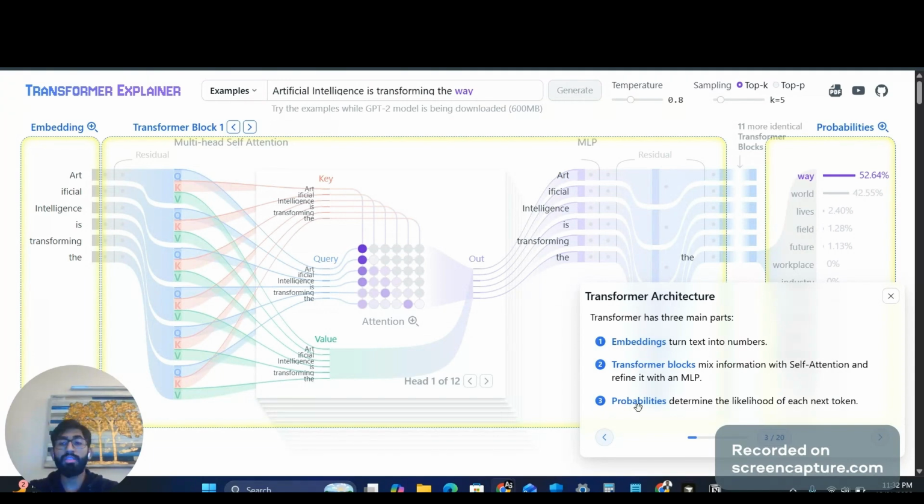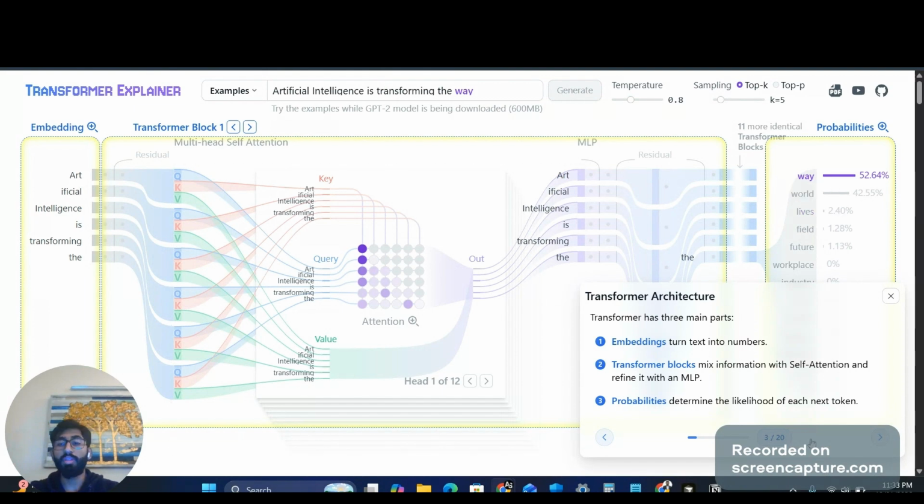The third part is the output, the probabilities that determine the likelihood of each next token. So we have embeddings, then many transformer blocks, apparently 12 blocks of these transformer layers and neurons, and then the output, which shows the probability percentage of that word occurring in the sentence.